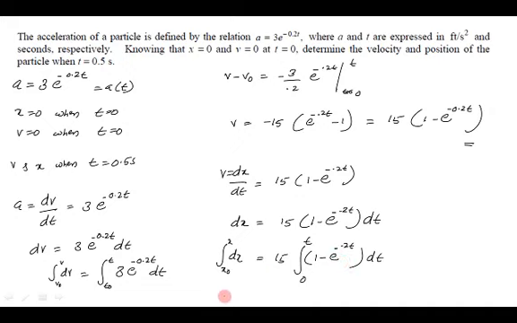So this term becomes x minus x naught. At time t = 0, x naught is 0, so this becomes x equals 15 into [t minus e to the power minus 0.2t divided by minus 0.2] from 0 to t.